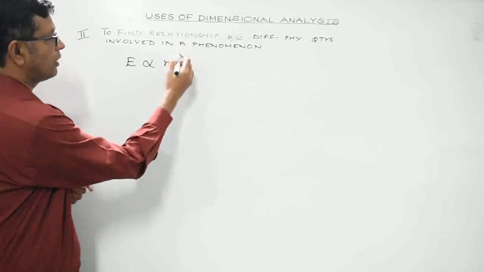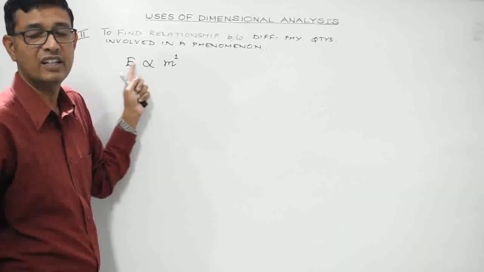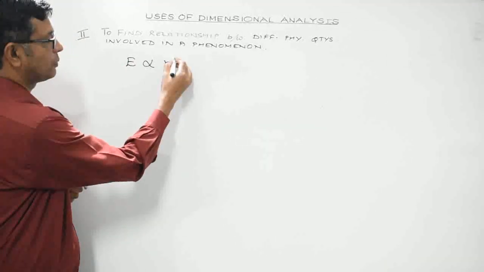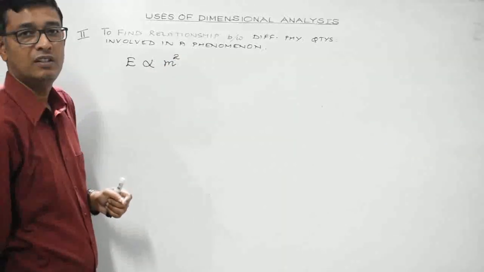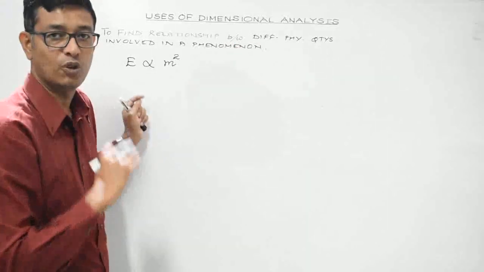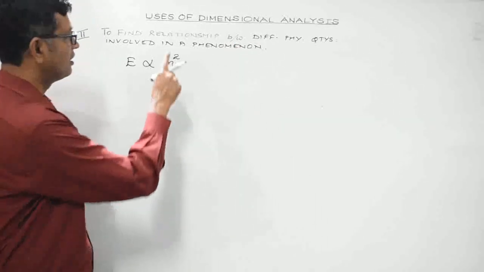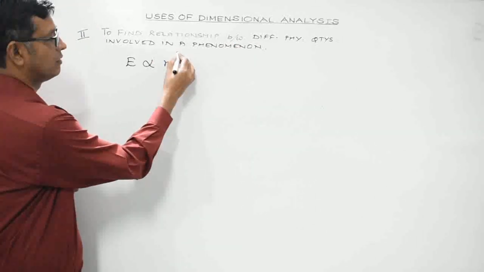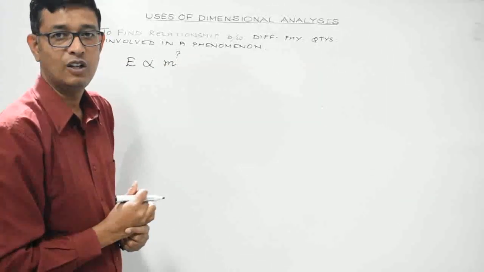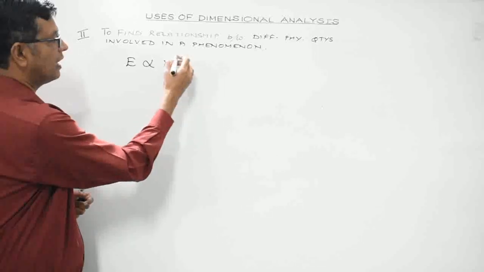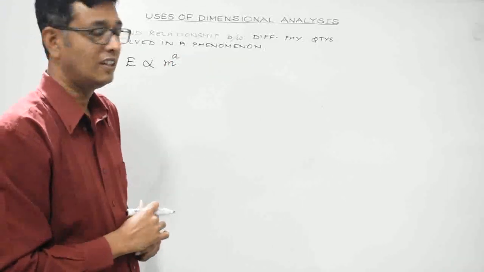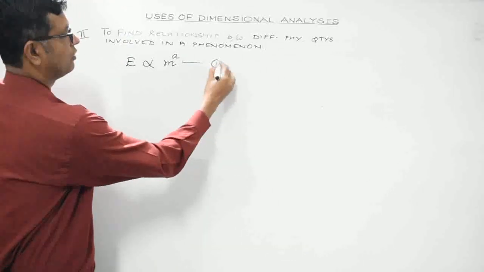If it is m to the power 1, it means that energy is directly proportional to the mass of the body. If it happens to be E is proportional to m to the power 2, it means that energy is proportional to the square of the mass of the body. But the point here is, we are not sure about how the energy depends on the mass in this phenomenon. So what we do is, we write it as m to the power a. The value of a is to be determined, right? So put this as equation 1.